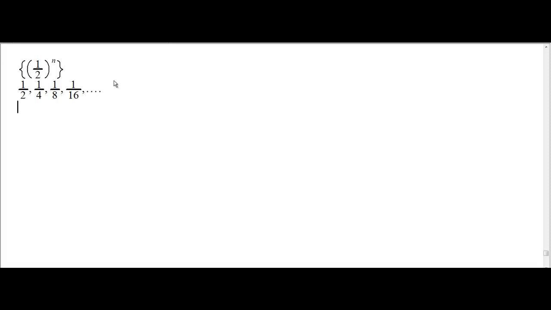And this sequence is a convergent sequence, right? And where does it converge to? As n goes to infinity, the values go to what? Or in other words, what is the limit of 1 half to the power n as n goes to infinity?